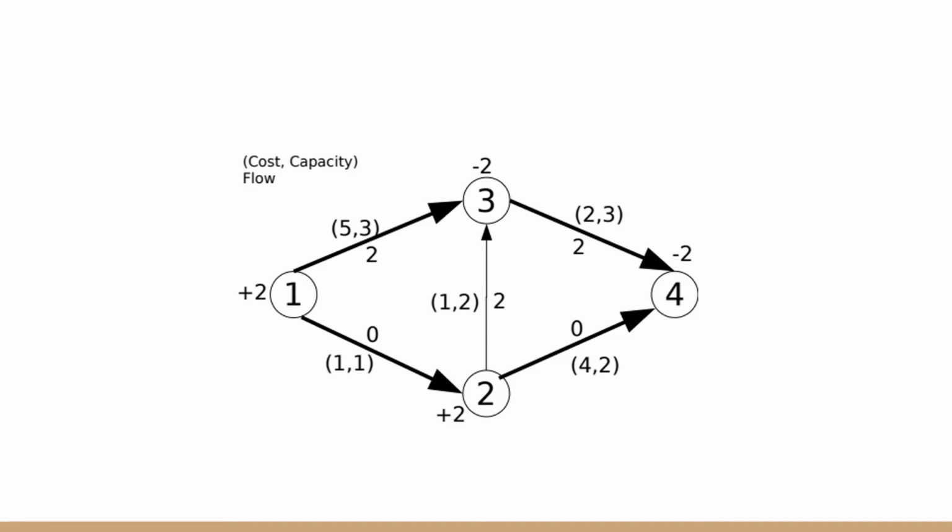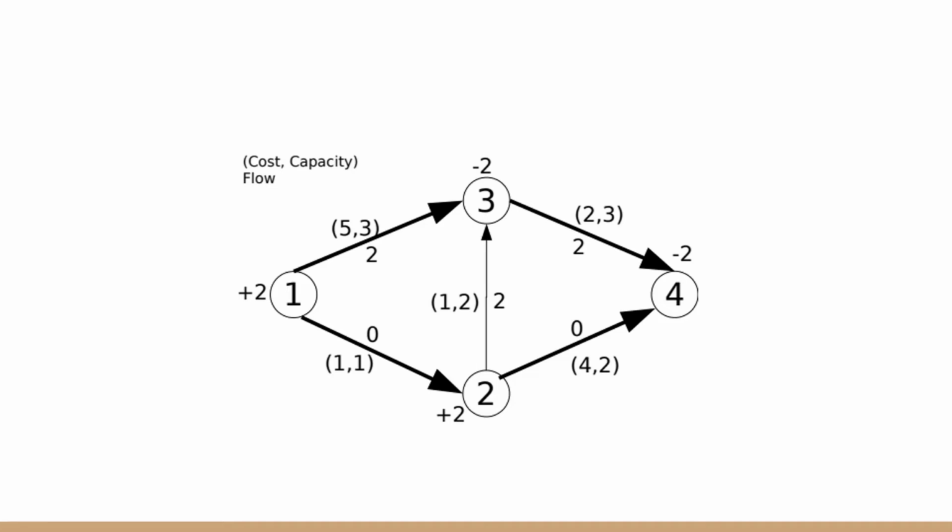To continue, we also see from vertex 1 to 2, 1 to 3, 3 to 4, and 2 to 4, another undirected cycle. And now we need to find the minimum residual capacity here. We can clearly see that the minimum residual is from vertex 1 to vertex 2 with capacity 1.